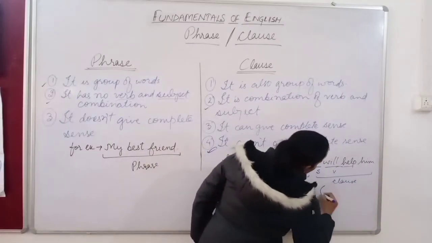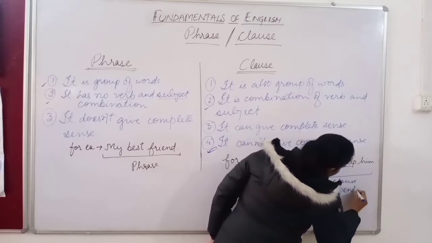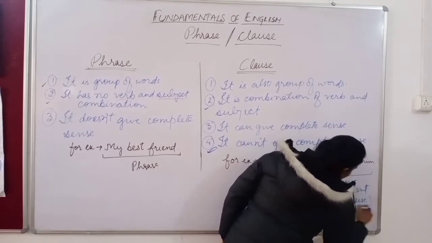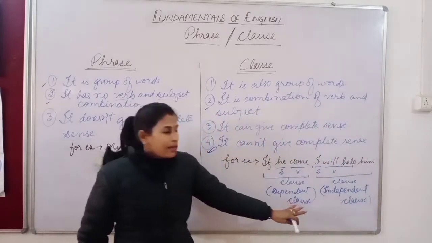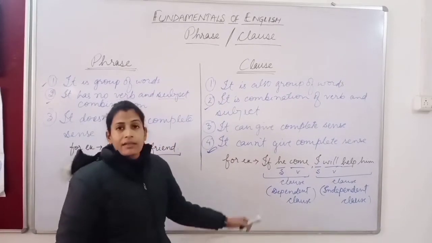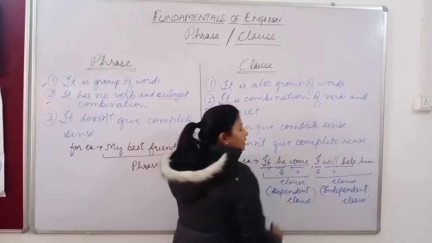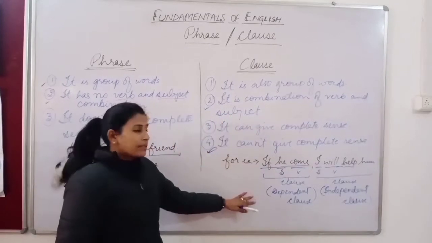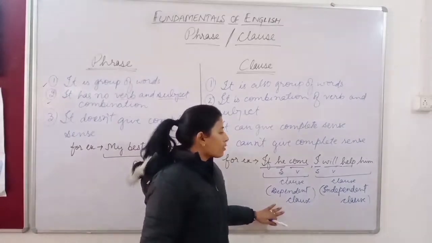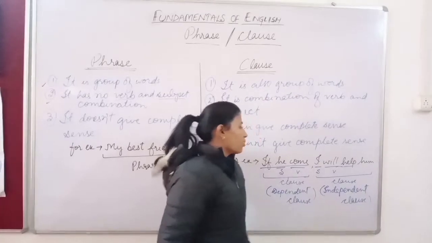So it is an independent clause. It doesn't need any help to complete the sentence, but the first one needs help to complete the sentence. So if he comes is a dependent clause, and I will help him is an independent clause.